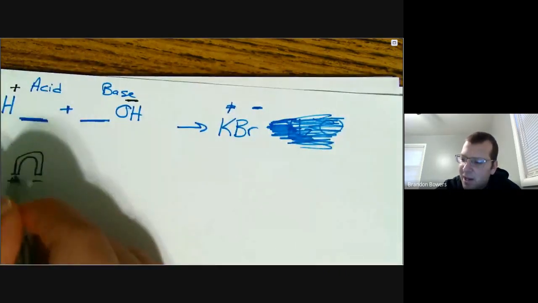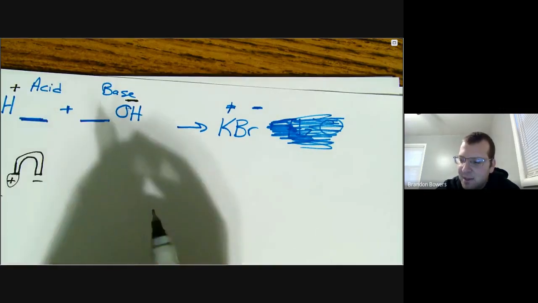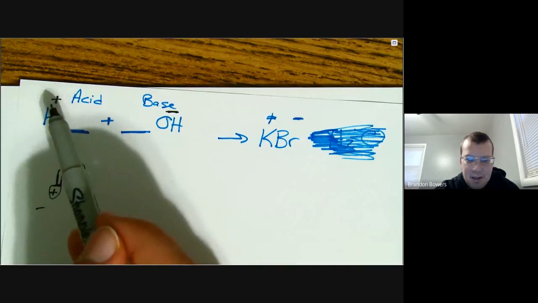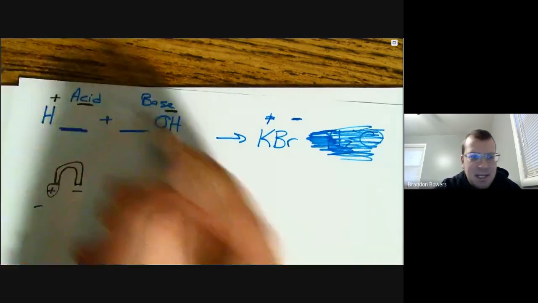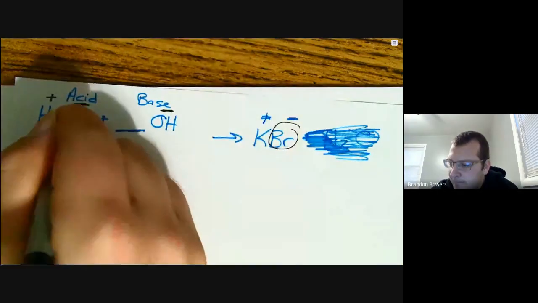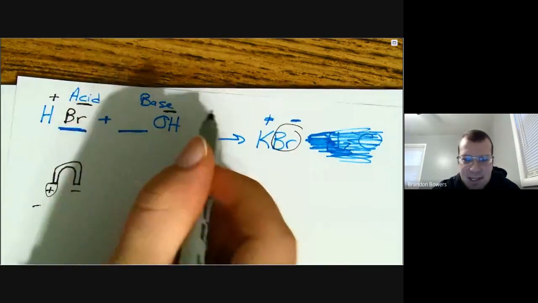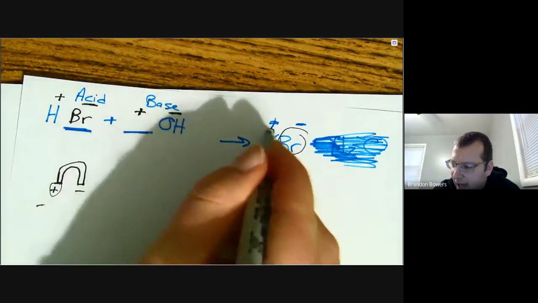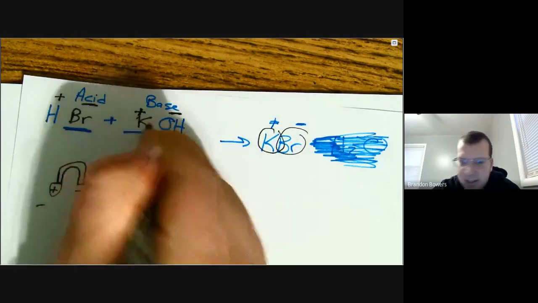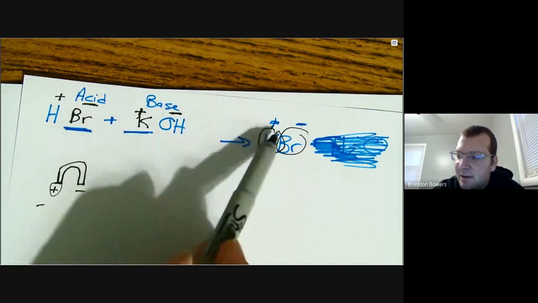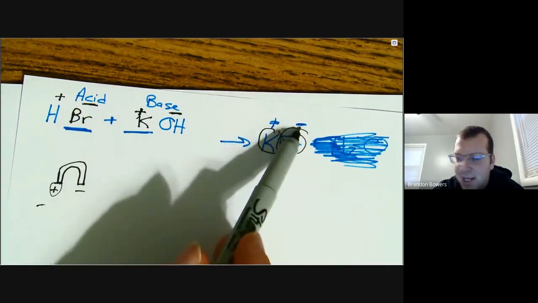So if I have a positive H, the second part has to be negative. The only negative I have left is Br. And if this is a negative, it has to start with a positive. The positive I have is K, so my K goes there. Positive, negative, and over here I started with a positive and end with a negative.